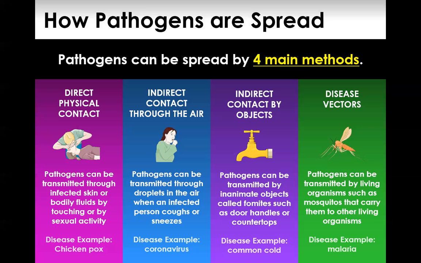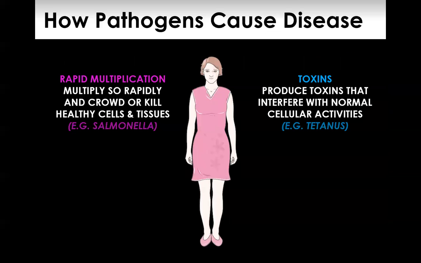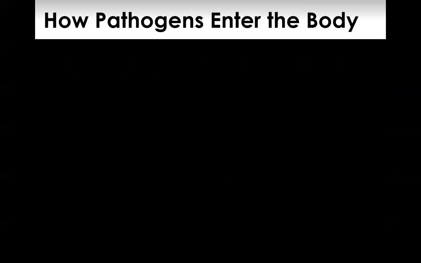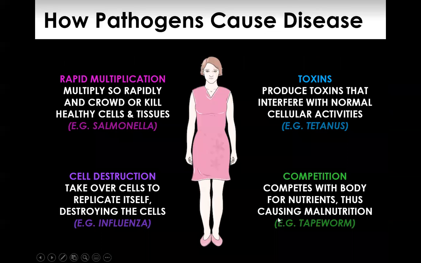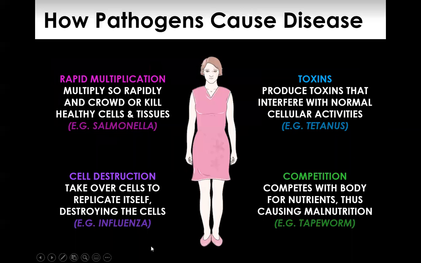The problem is Zika virus can lead to microcephaly, which is a small head and small brain, with reduced cognitive abilities in the developing fetus. So that was a real cause for concern. Those are the four main methods that pathogens can be spread. So you may be wondering how these pathogens cause disease.